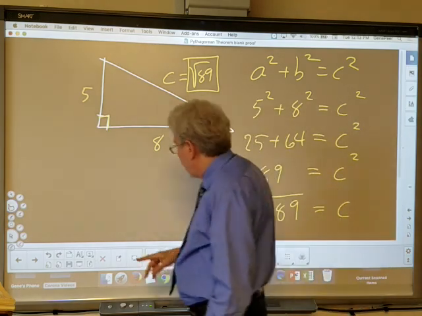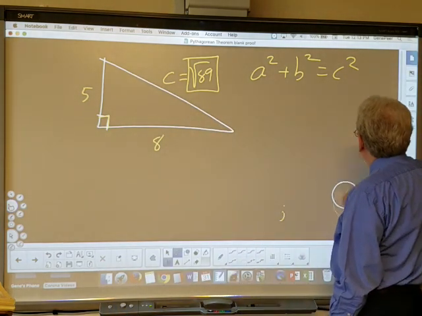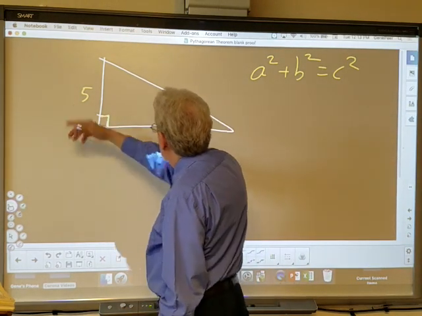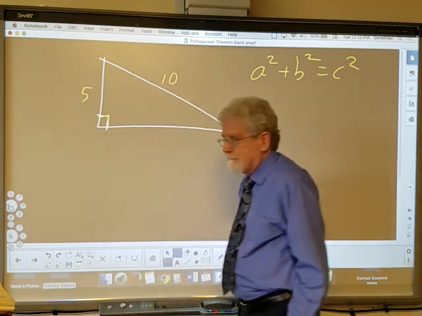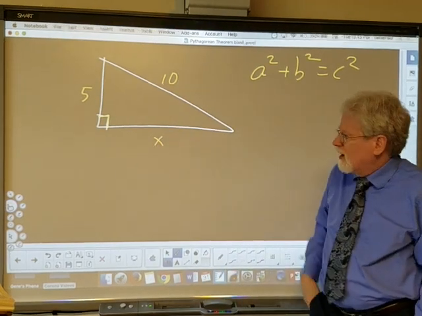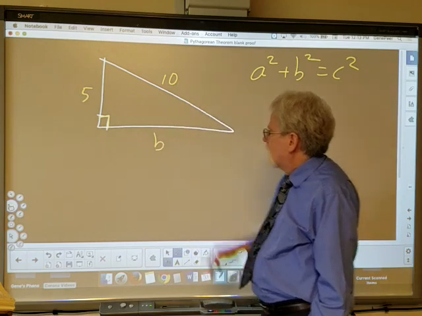One last thing before I give you the assignment, and that is this. What if we reverse the process? What if I gave you a 5 here, and suppose I give you a 10 here, and we're looking for the leg instead. Let's call it A. Let's call it B, kind of be consistent. A, B, C, okay.